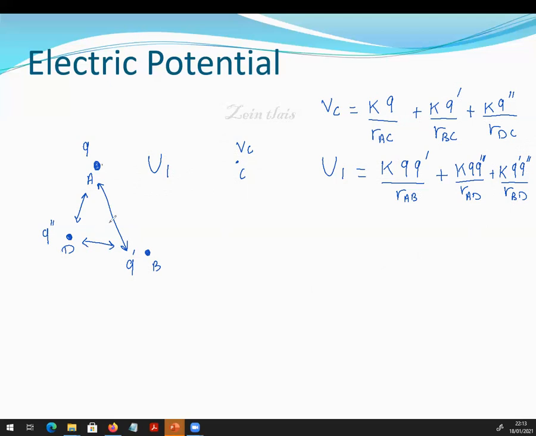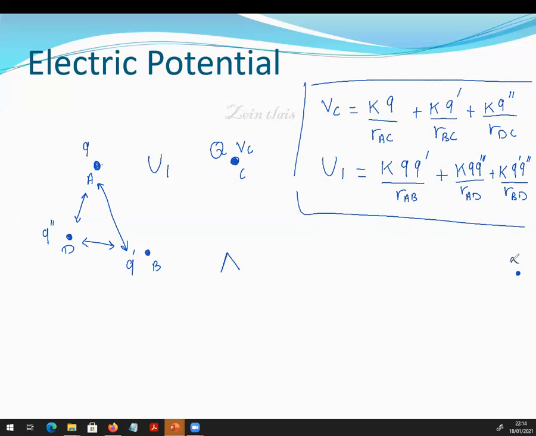Now we have this system, U1, with these values. I want to add a charge here, let's say we have a capital Q. So I bring this charge from infinity. Okay, it was here, from here to here.